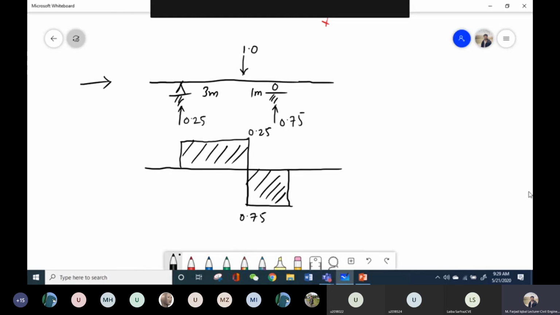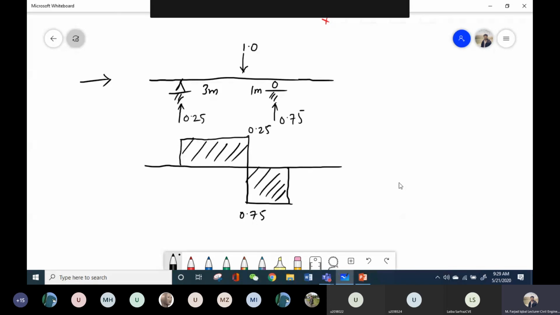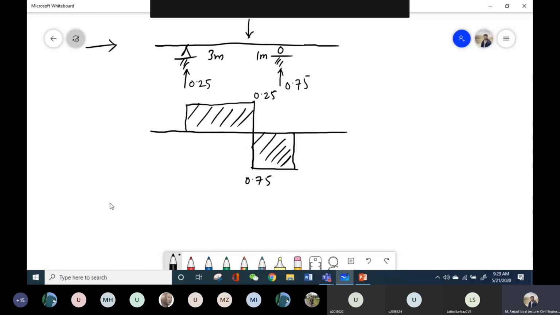So this is my ordinary shear force diagram, not the ILD. And when I plot the bending moment diagram, it will be something like this one. So this is the value at point C. Okay, and this is positive.